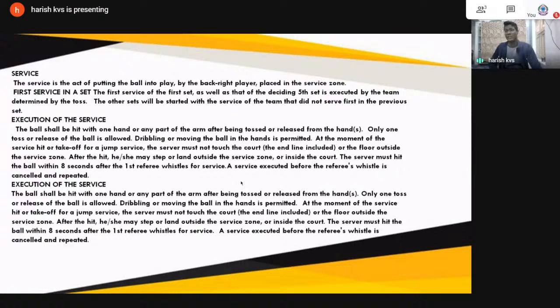A player is not permitted to touch the end line while doing a service. If he is touching the line while doing a service, then he or she shall be called as committing a service fault. After the toss, he will be hitting the ball, the service is done properly and the gameplay is started.